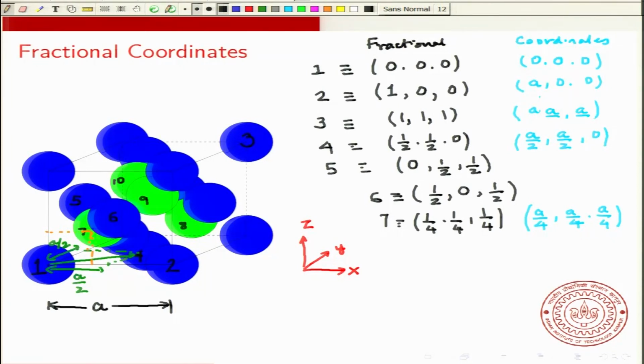So this is the fractional coordinate of point number 7. What about point number 8? Now point number 8 is along a different body diagonal. Let me show that body diagonal. So point 8 is located along this body diagonal.